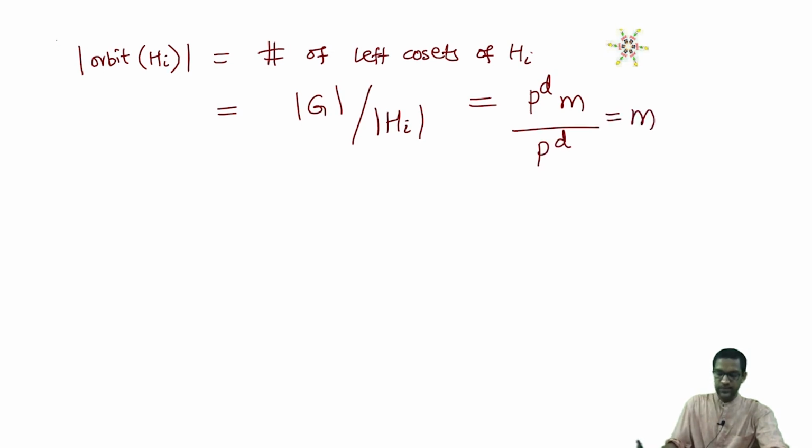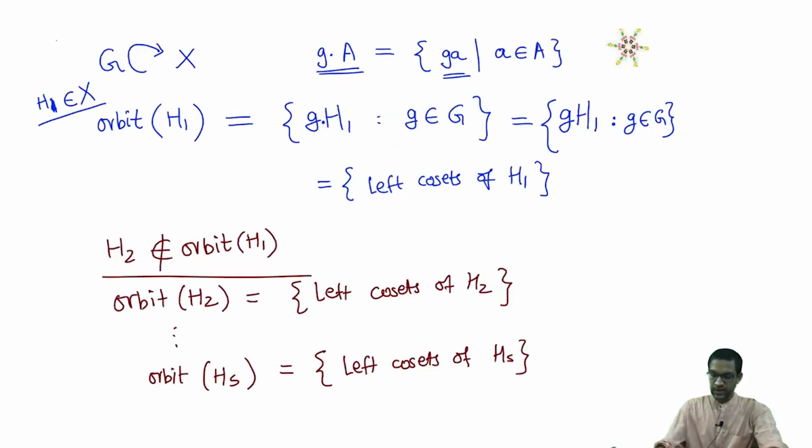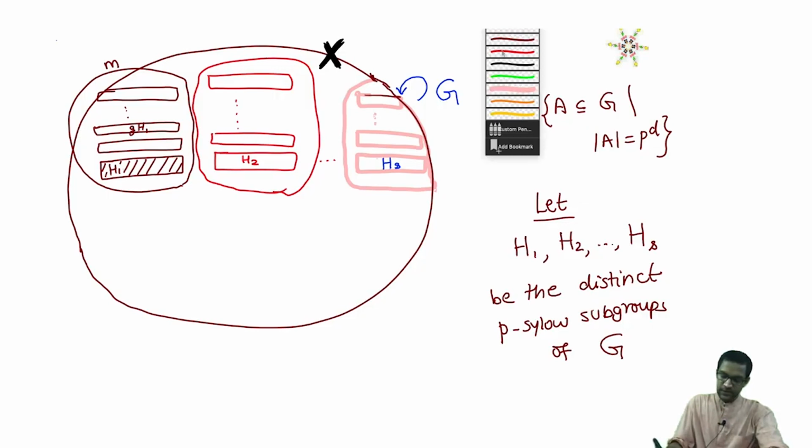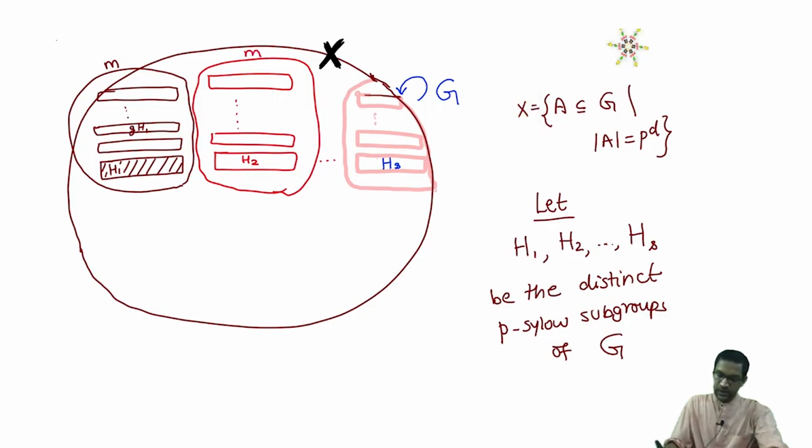So that's m exactly. This holds for all i equals 1 to s. Any one of the p-Sylow subgroups, the orbit cardinalities are exactly m. So let's go back to our picture of X. What does that mean? It means that there are m elements here. The cardinality of this set is m, the cardinality of this set is m, the cardinality of the last one, every one of them is m.